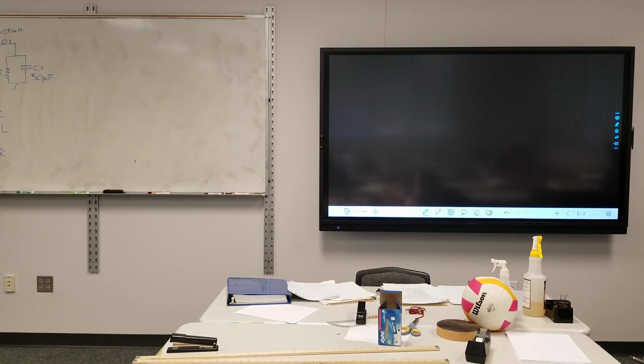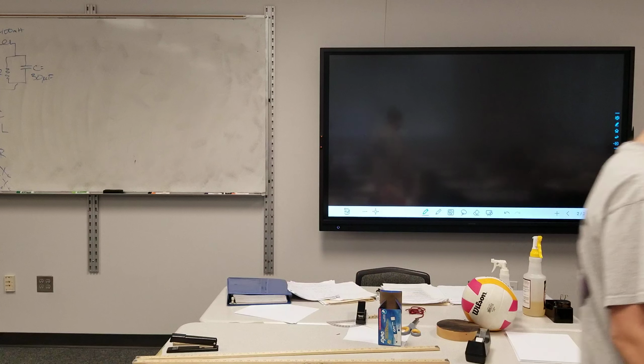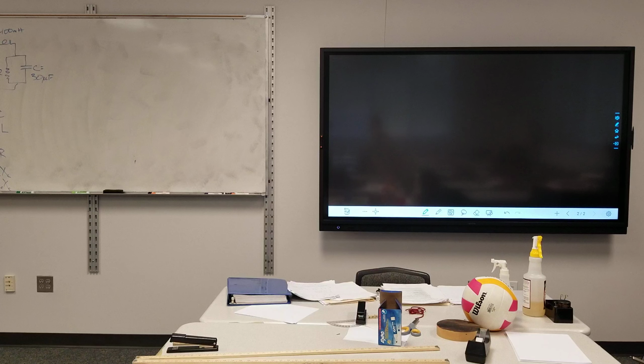Then V sub L is equal to I sub L times X sub L, and V sub C is equal to I sub C times X sub C. I will definitely try to make my L's and C's look different. I know that omega is equal to 2 pi f. I know that the peak value is equal to the RMS value times the square root of 2.